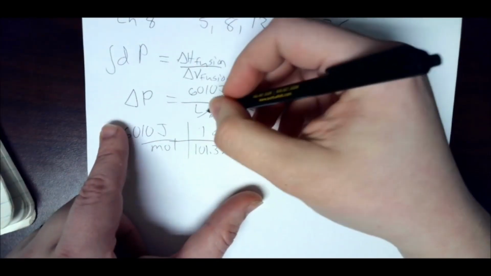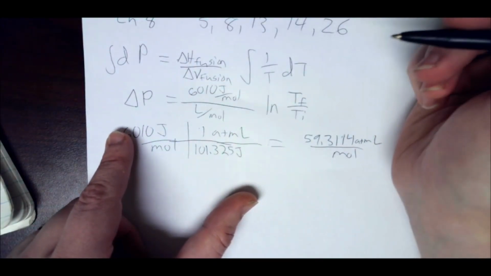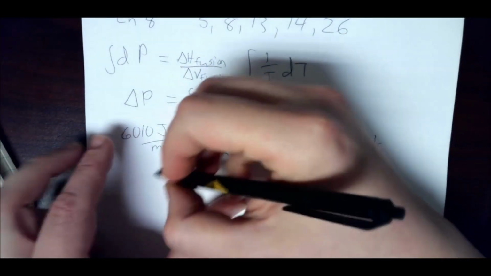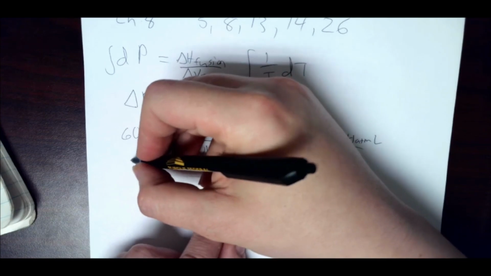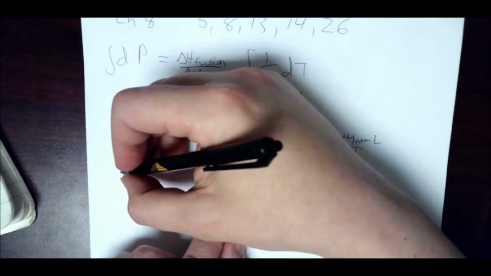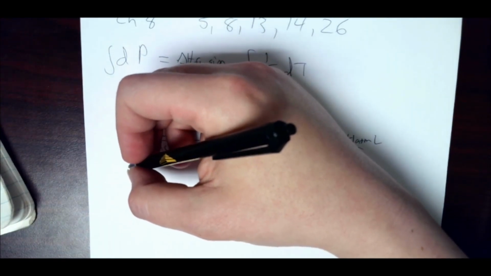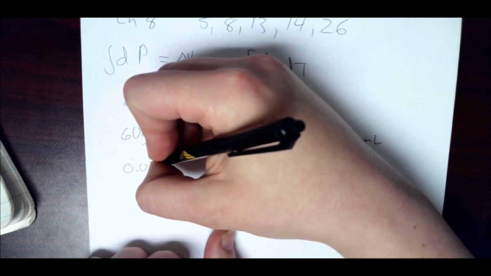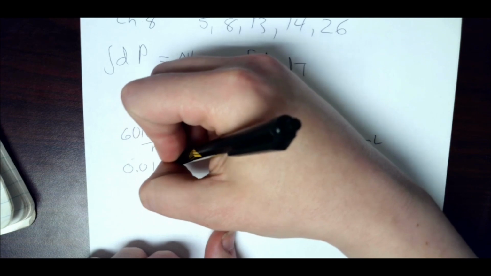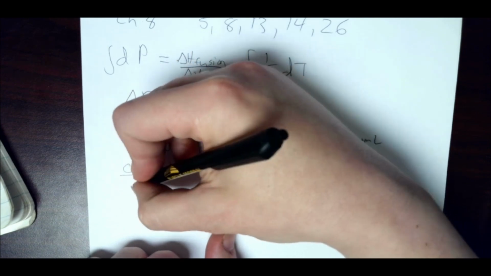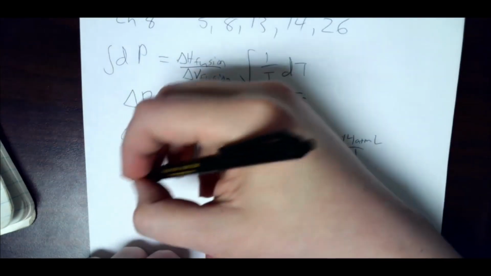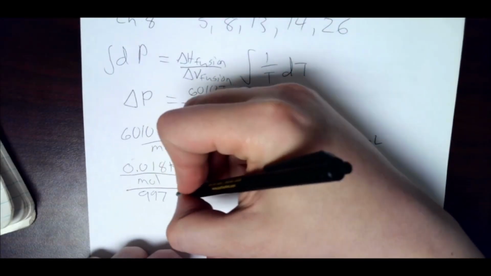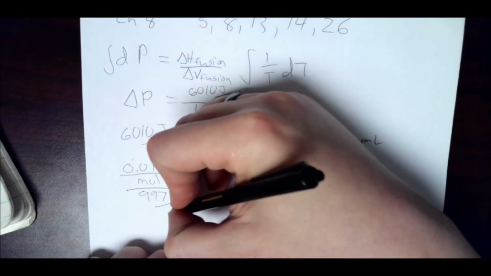Now, to calculate your change in volume. Change in volume is going to be the molar mass of water, which is 0.018 kilograms in 1 mole, divided by the density. So divided by, in this case, 997 kilograms per meter cubed.